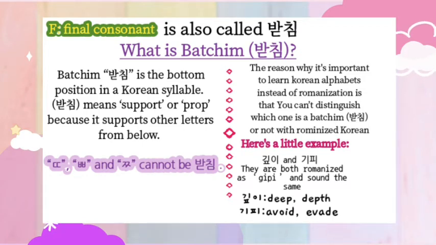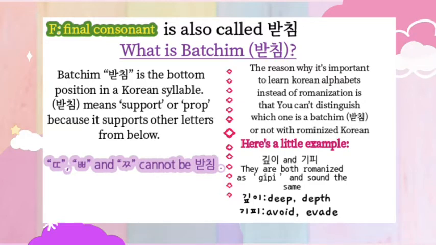So 받침 is the bottom position in a Korean syllable. 받침 means support or prop because it supports other letters from below. And notice 쌍디귿, 쌍비읍, and 쌍지읒 cannot be 받침.